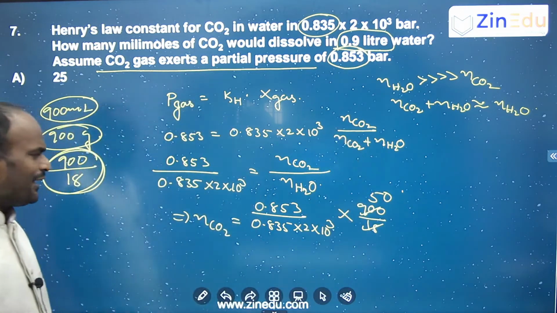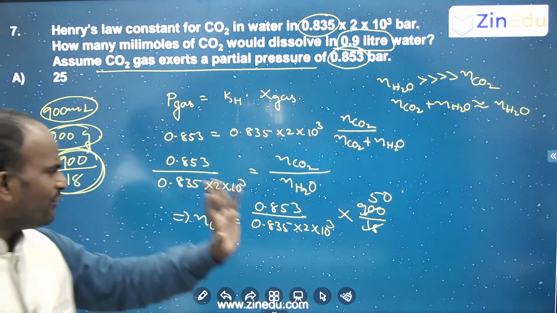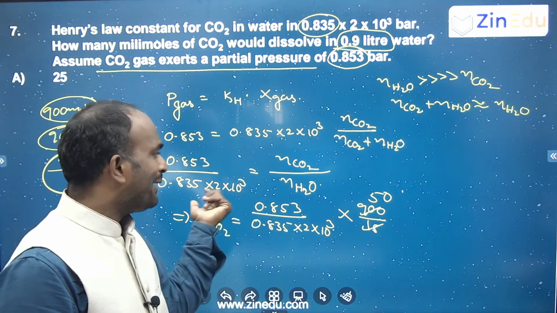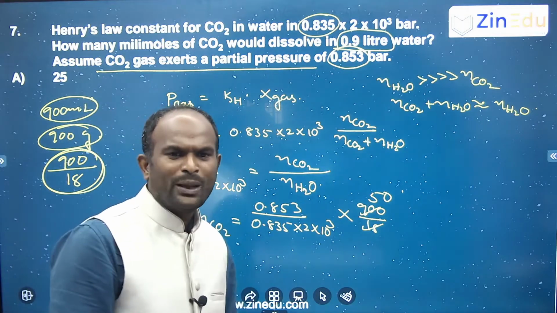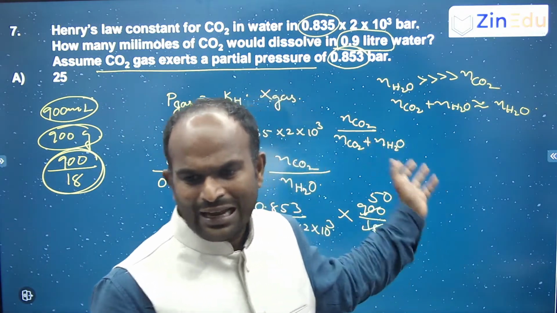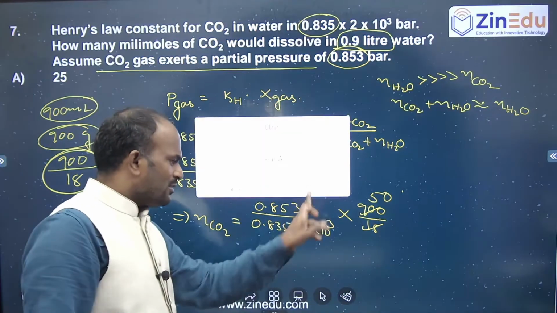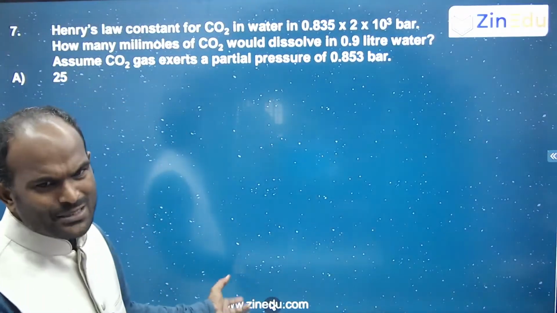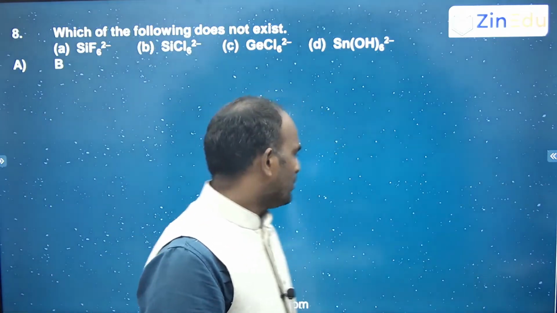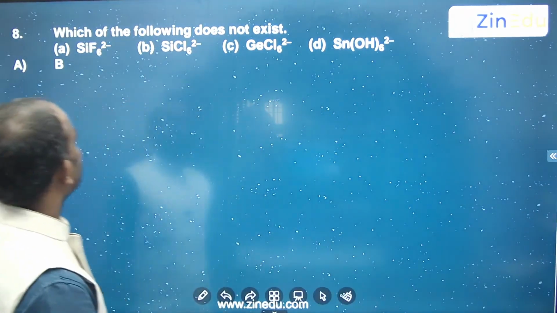So by just calculating this we can get the value. It might be 0.853 also, I'm not very sure about that value. So this is absolutely memory based, that's why it could be one decimal here or there. Okay, I guess you can understand.